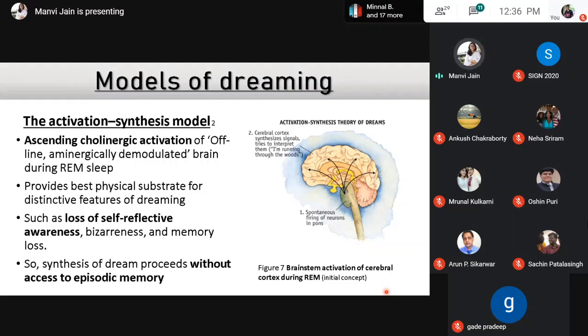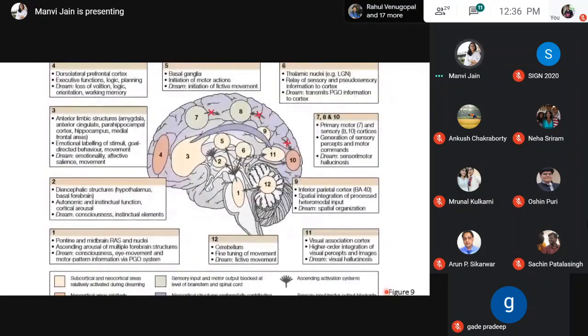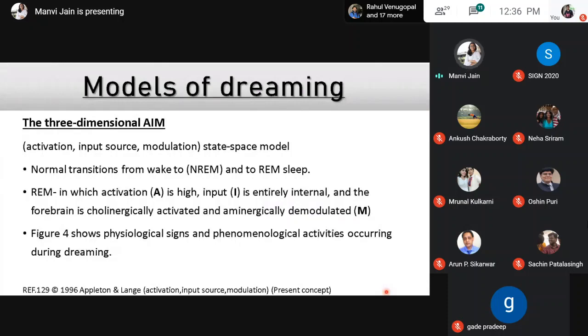But how then is the entire brain coming together to create the content of a dream? That is what we are going to see in this particular diagram. But let's first discuss the AIM model, the activation, input source and modulation state space model, in which activation is high, input is entirely internal, and the forebrain is cholinergically activated and aminergically demodulated, which we also see in the activation synthesis model.